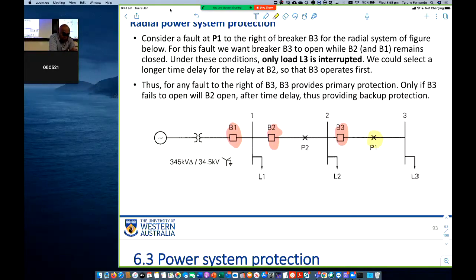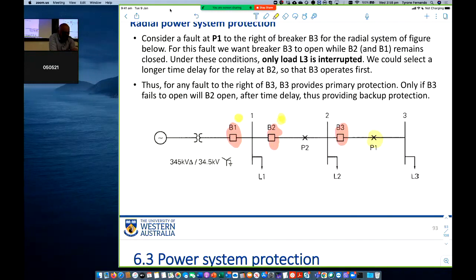So the circuit breaker closer to the fault must operate quickly, and the circuit breakers upstream, B1 and B2, must operate after a time delay if they are going to operate. So circuit breakers B2 and B1 will be like backup breakers.